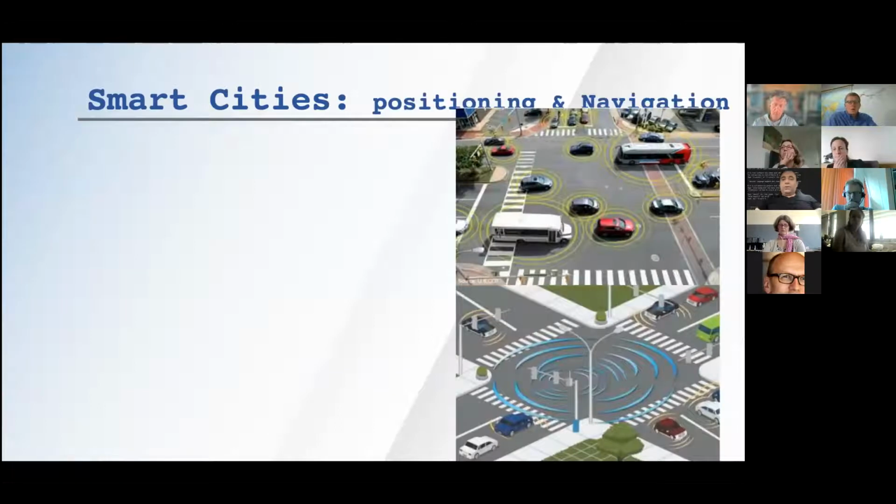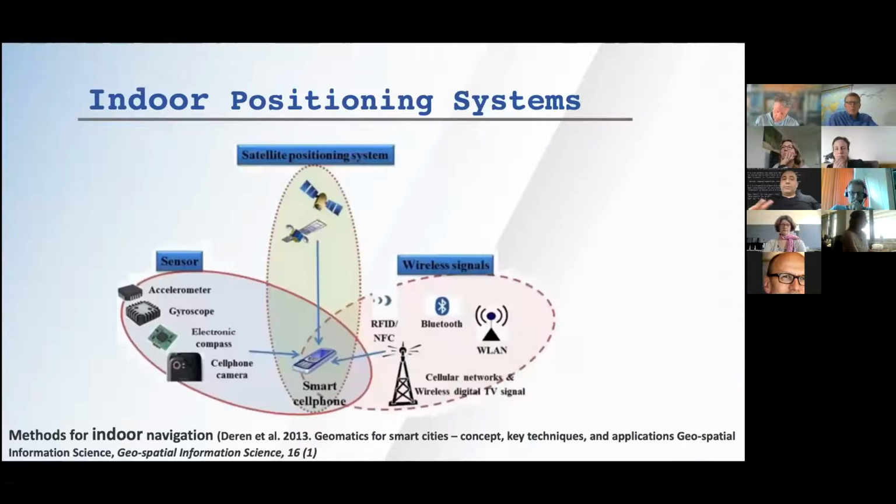The positioning, as I mentioned, is one of the key aspects that is very important to develop such smart cities. So the exact location, outdoor and indoor, should be measured. There are technologies for indoor positioning systems that have been developed in recent years, and they showed very successful.